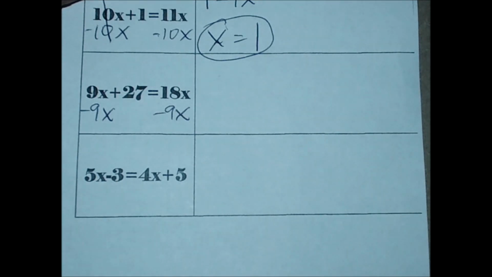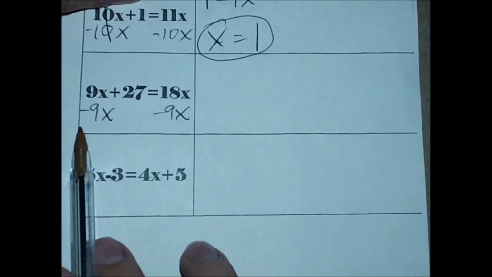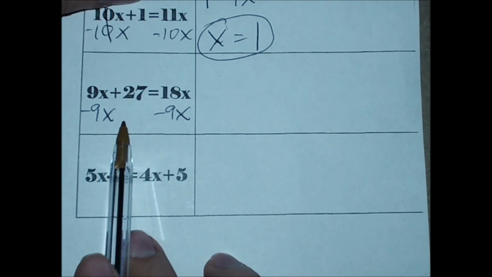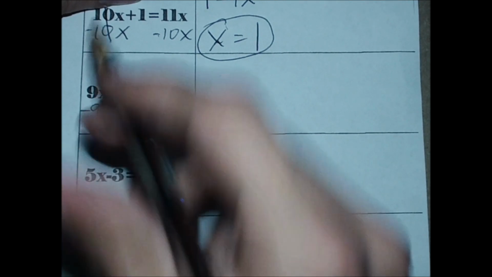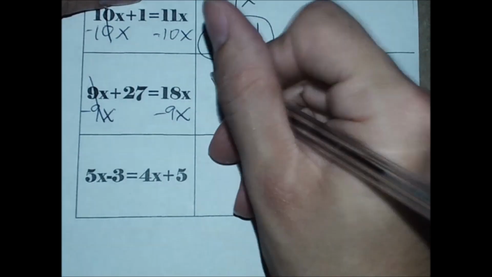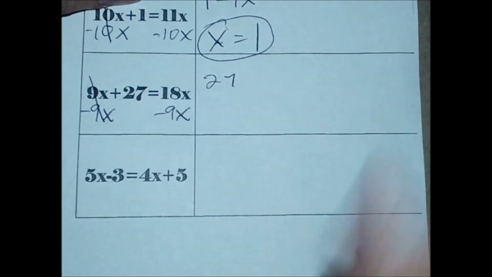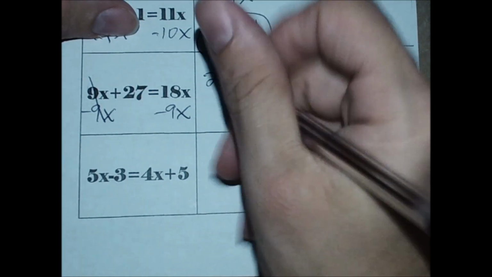What do I get when I do that? 9 equals 9x. It's 9 equals, no, it's 27 equals 9x. Well, tell me what the left side of the equation will become. 27, yeah, this is gone. 27 equals 9x.